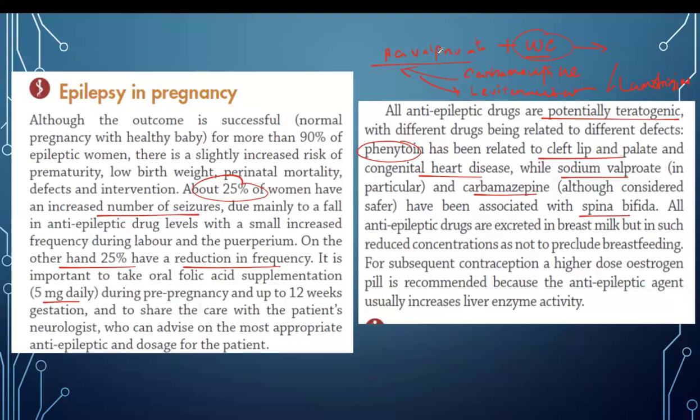Now, what if patient is on valproate, but patient is already, let's say, 6 weeks pregnant or 8 weeks pregnant? When a patient is already pregnant, then we don't actually change the medication because we don't know whether that medication will cause side effect, whether the new medication will actually work.